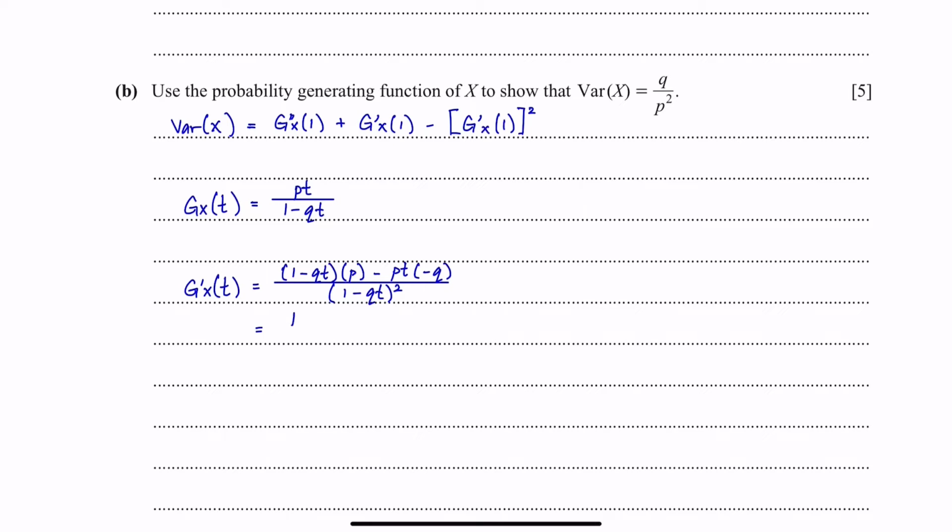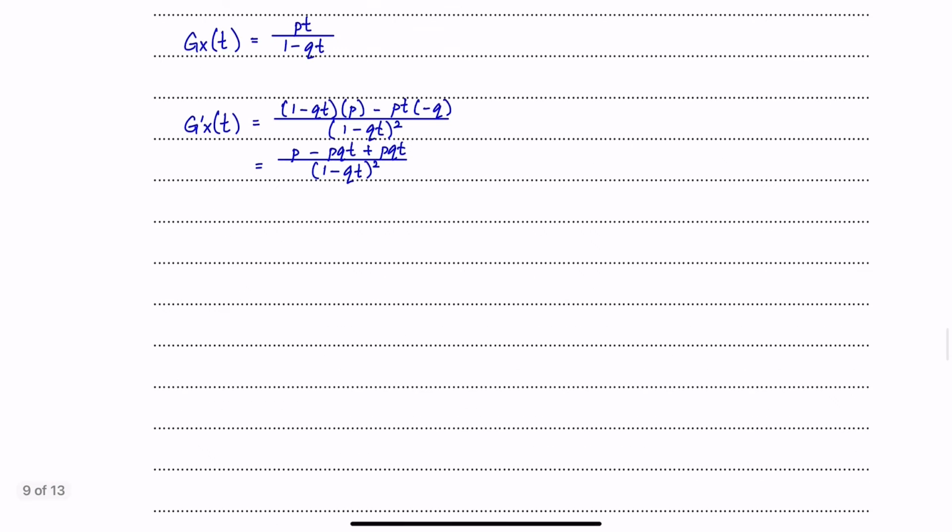So this will give us p minus pqt plus pqt over (1 minus qt) squared, and this would be p over (1 minus qt) squared. So G prime 1 would be p over (1 minus q) squared, because we just sub t as 1.